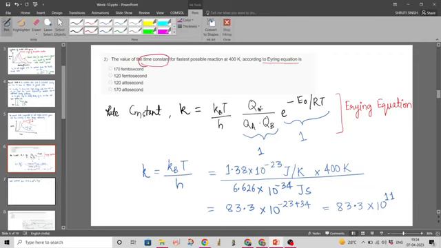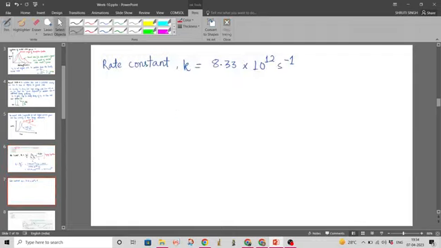So the time constant is the inverse of the rate constant, because you can see it is per second, so for the time constant it will be the inverse, one over k.